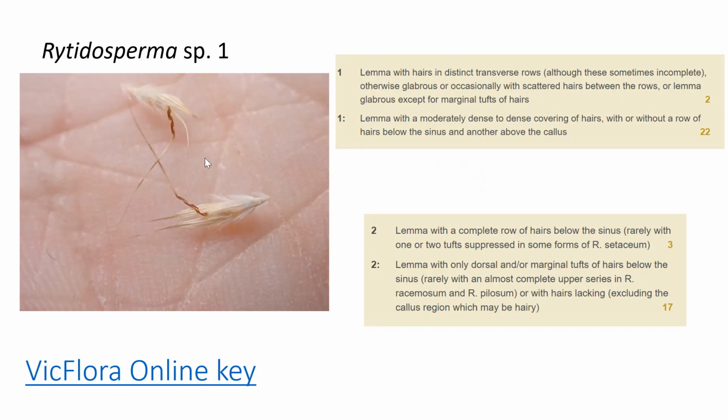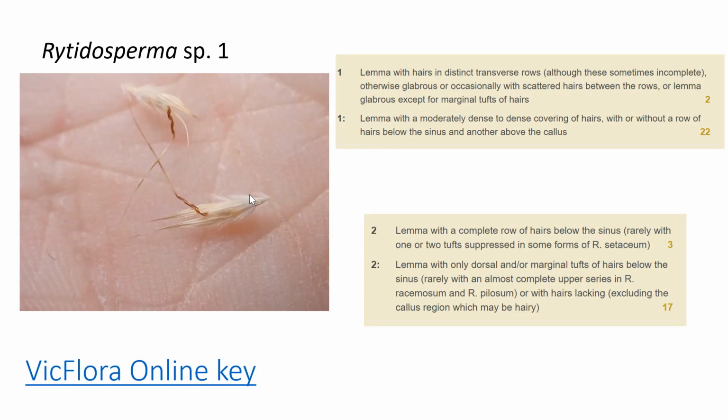All right, so first question: lemma with hairs in distinct rows, although these sometimes incomplete, otherwise glabrous, or occasionally with scattered hairs between the rows, or lemma glabrous except for marginal tufts of hairs. The hairs at the tip are often called the callus tuft or callus hairs. They're kind of excluded from the rows of hairs.